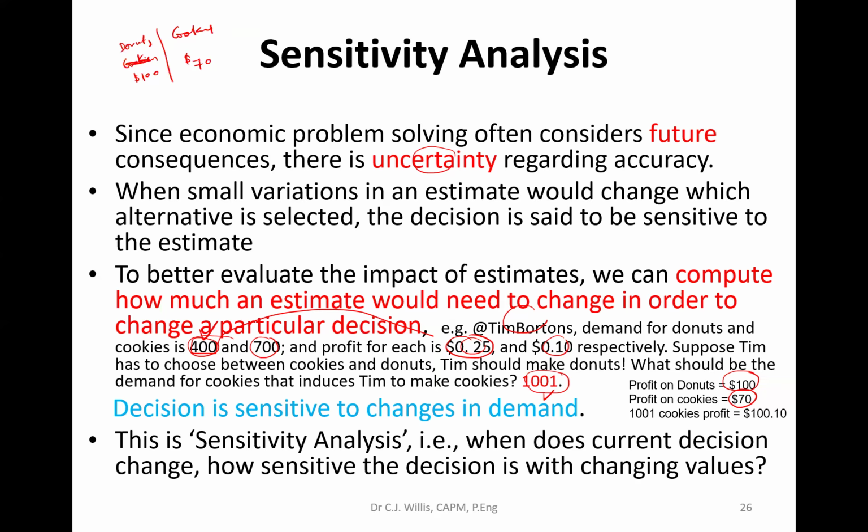The demand right now for the cookies is 700, right? If you increase the demand to 1,000, how much profit will you make at cookies? It will be $100, right? So that means if your demand for cookies is 1,000, you don't know whether to make cookies or donuts. Both will get the same $100. Do you agree? But if the demand for cookies is 1,001, then you will make cookies rather than donuts, right?